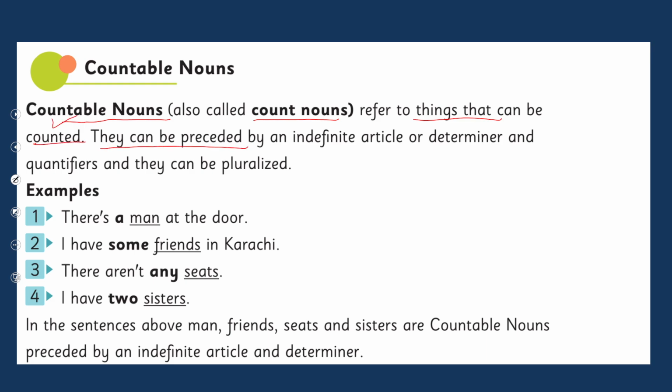They can be preceded by an indefinite article or determiner and quantifiers, and they can be pluralized. Now, you can use the indefinite article. What are the indefinite articles? A and an. What are determiners? The numbers. And quantifiers, and they can be pluralized. You can pluralize them as well.